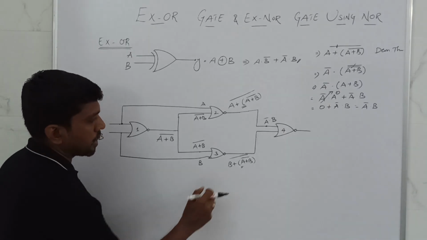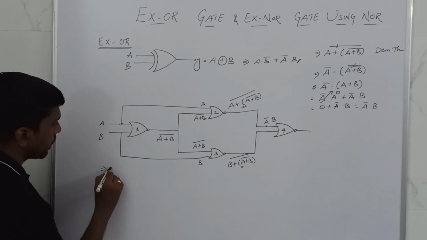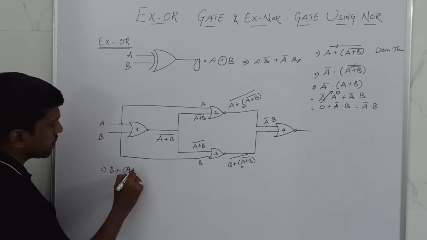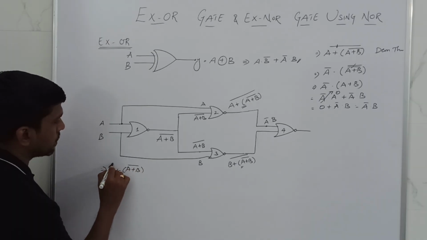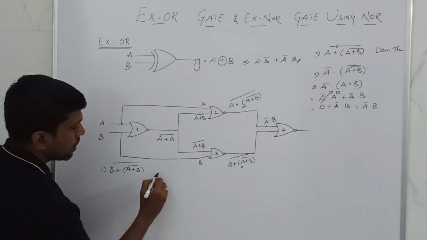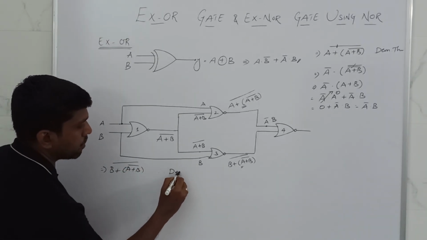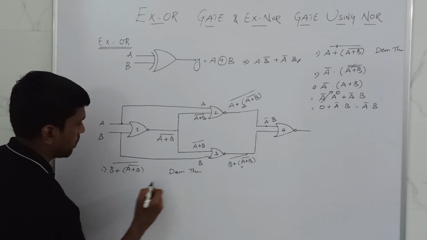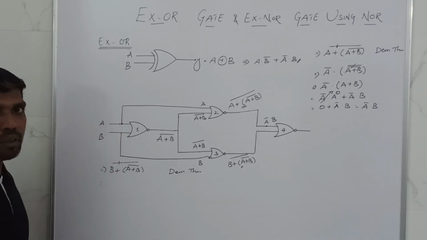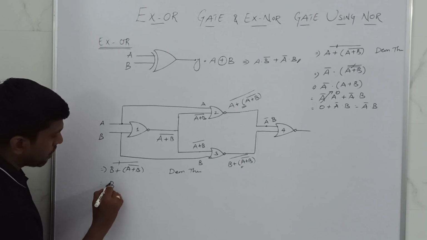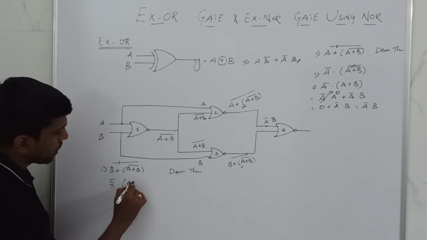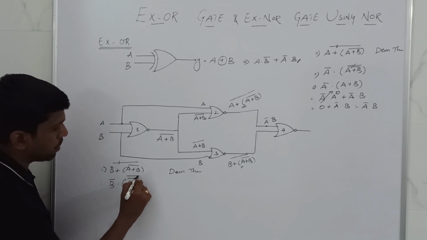Then come to this expression: B plus A plus B bar, then bar. Here also you apply De Morgan's theorem. Break the bar, change the sign. B bar dot A plus B double bar.